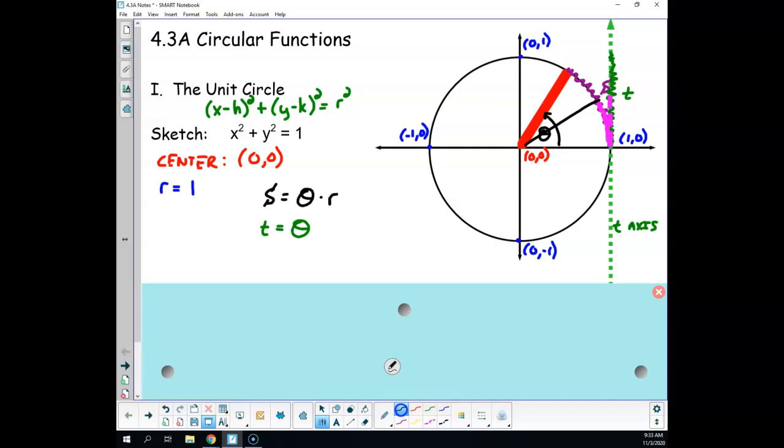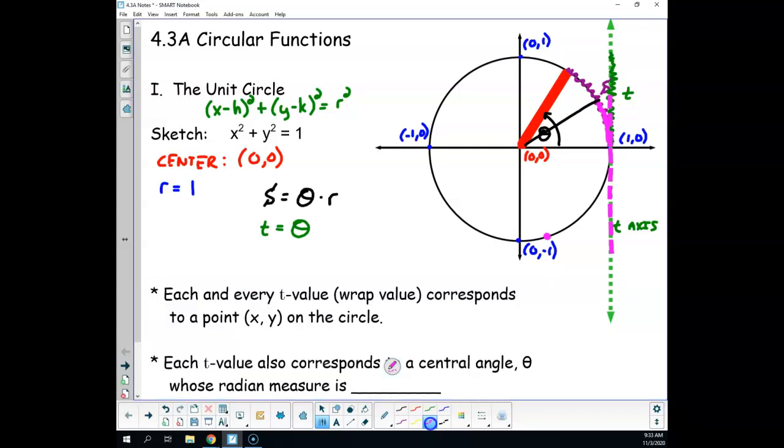So theta would be there, and then theta would be equal to T, and so on and so forth. And we can do that all the way around the circle. We can even have negative T values. If I wrap that around, it would probably be somewhere right about in there, if I bend that around my circle.